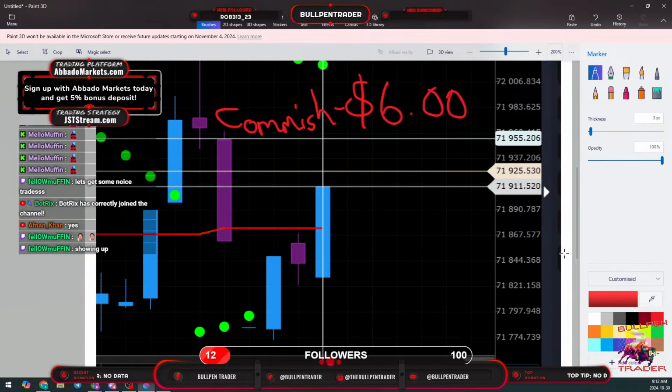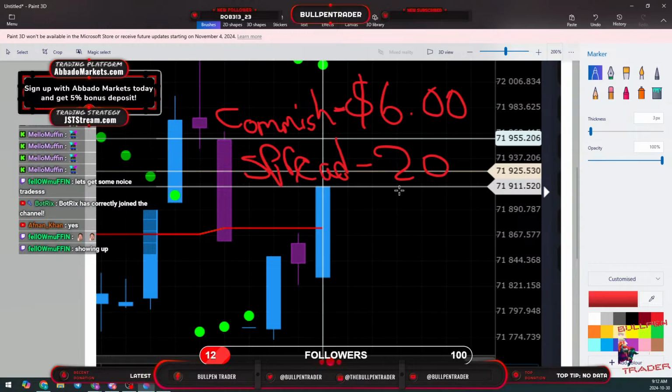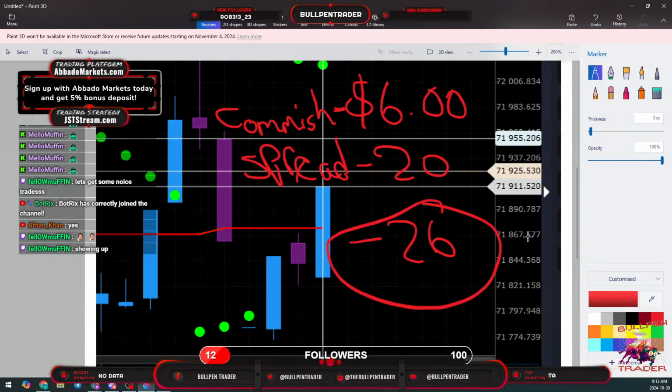Then they also charge you a spread. So they charge you spread and commission. So let's say their spread is $20 or 20 points. Their commission is $6. Now you're already negative 26 without all the other fees that they're charging you, right? So you're adding on extra fees for no reason that you shouldn't be paying, right?